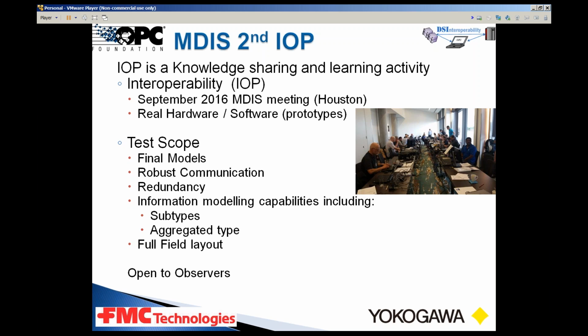But the idea is that we want to validate all of the hardware and validate all the systems before we actually fully release the spec, to make sure that no one has a gotcha or we find something afterwards that doesn't work right. So this is a test, and then we'll have an actual released OPC UA MDIS companion specification.